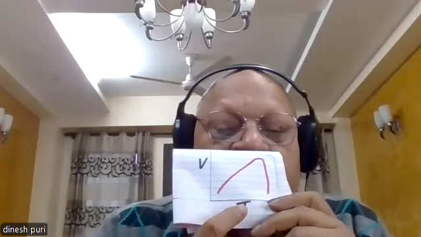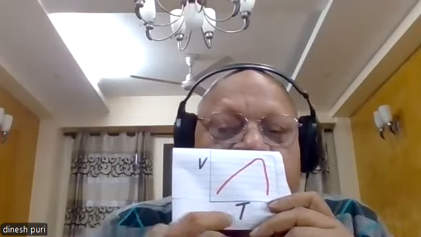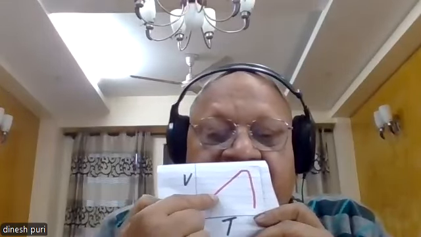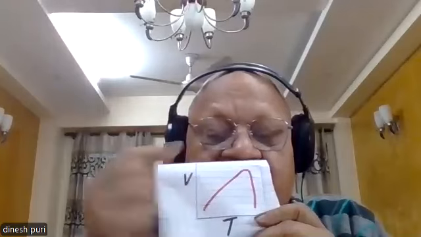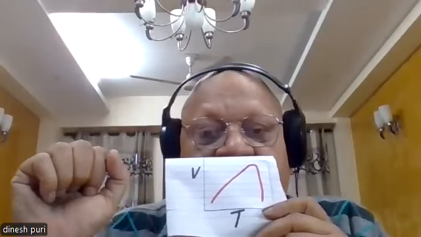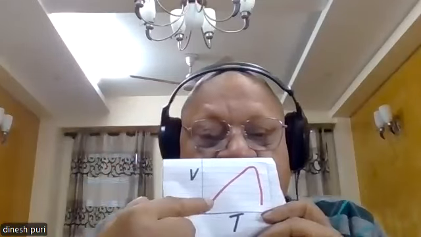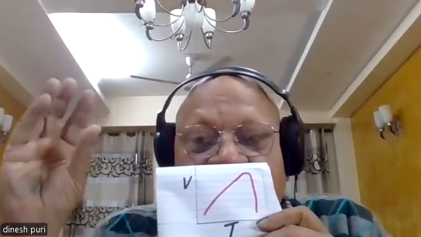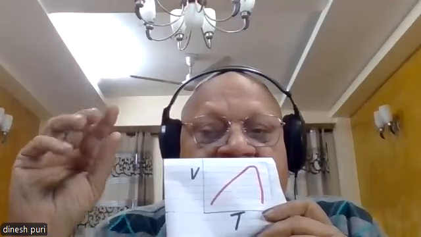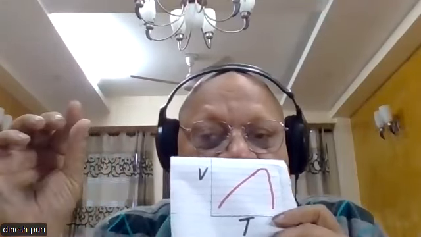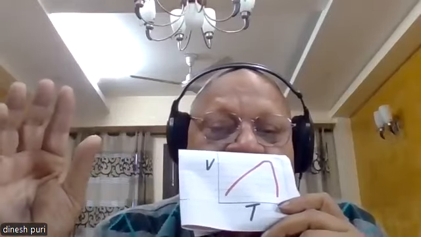First, we talk about the effect of temperature. As you can see, as you raise the temperature, there is an increase in the velocity of the reaction. Why does this occur? That is the purpose of the lecture. Because with an increase in the temperature, the kinetic energy of the reacting molecules increases.